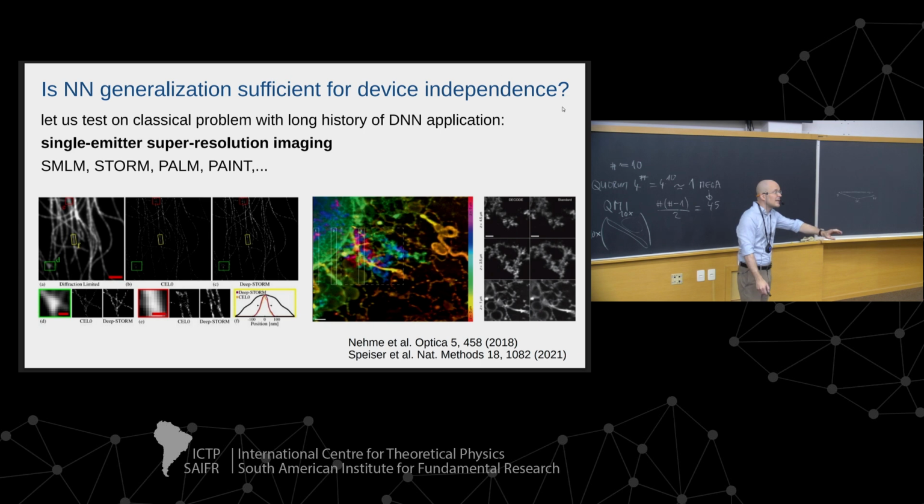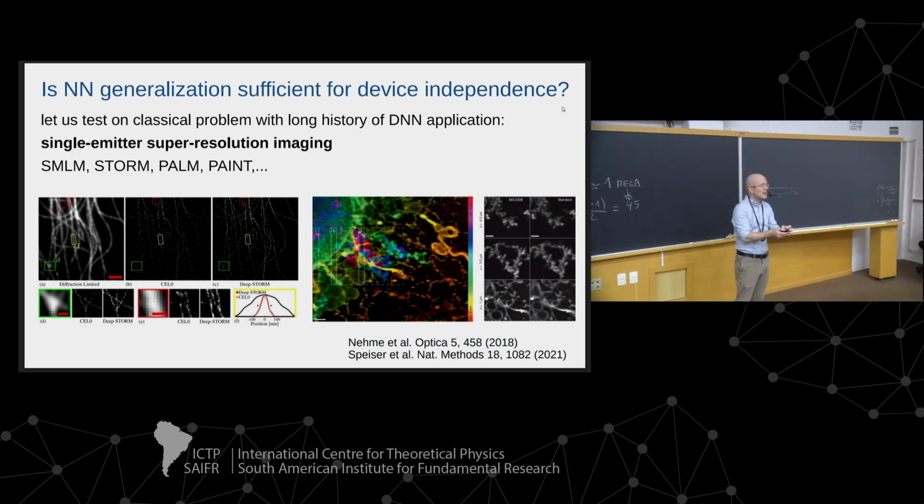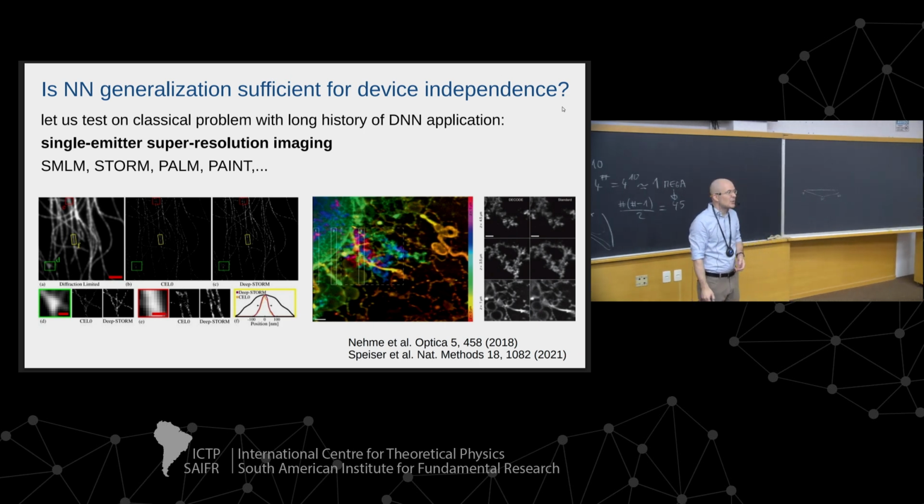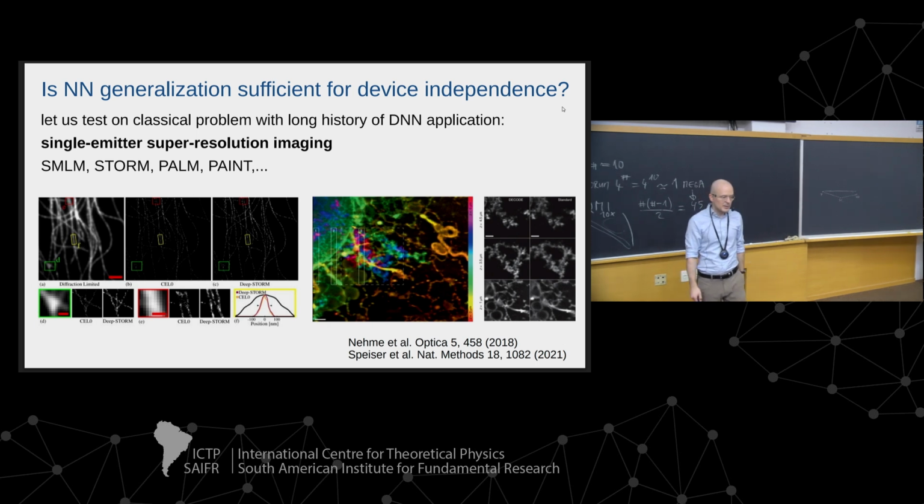And actually, it has lots of applications in classical microscopy, basically all single molecule localization microscopy, and its stochastic forms like STORM, PALM, and so on. This is the basic idea behind these methods.